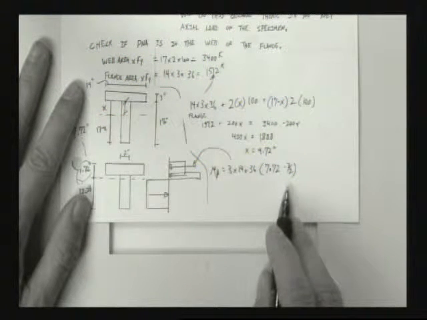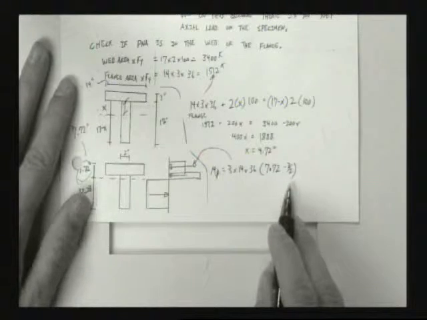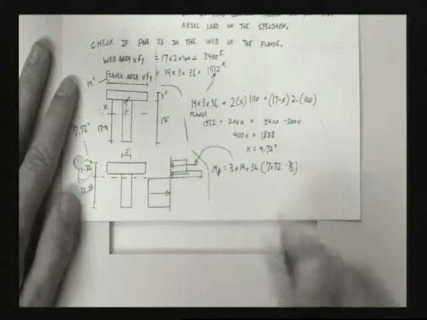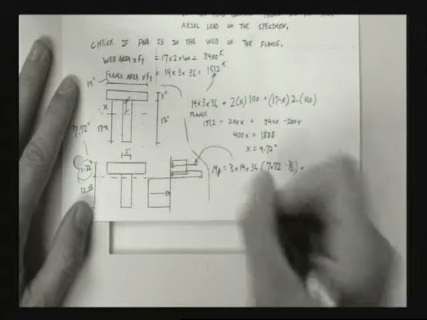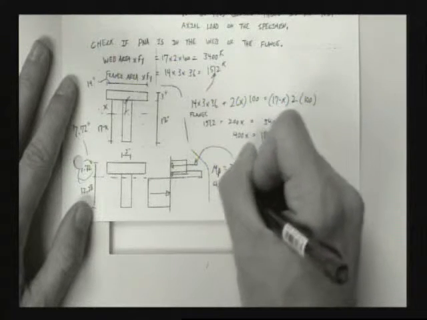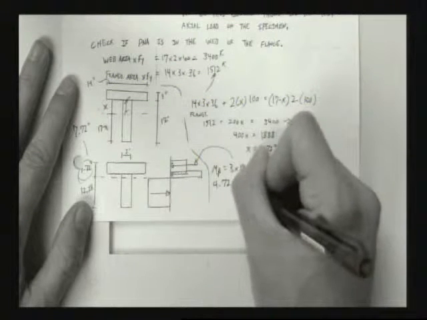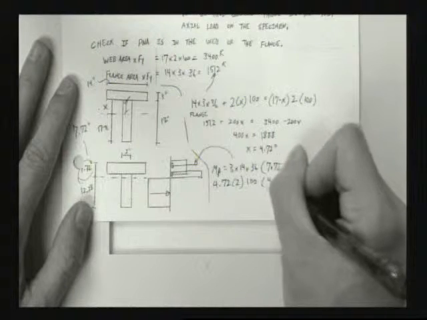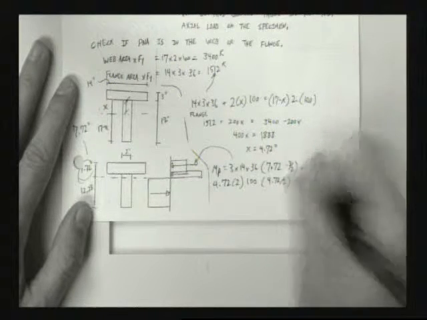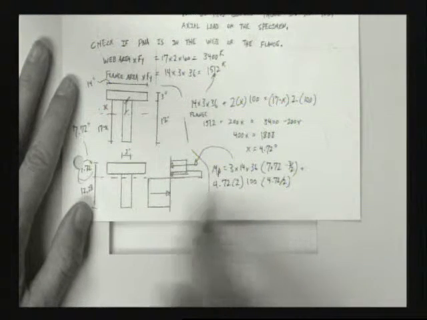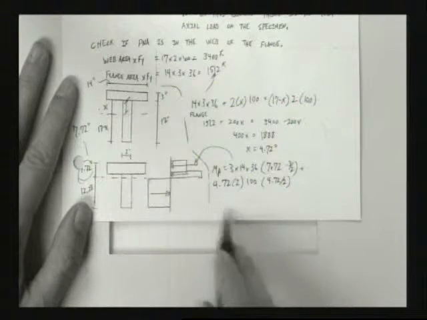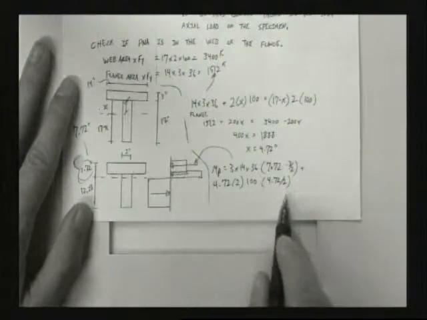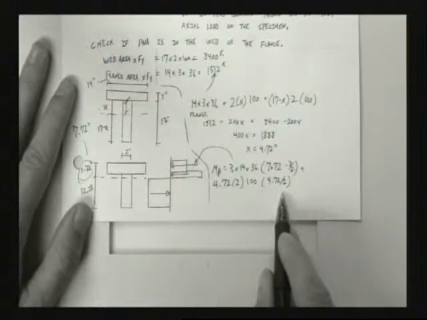Why is it 3 halves? It's half the distance, isn't it? Plus 4.72 times 2 times 100 times 4.72 over 2. Okay, 4.72, well, that's that little chunk. 2 is the width. 100 is the yield. 4.72 over 2, that's the moment arm. Great.